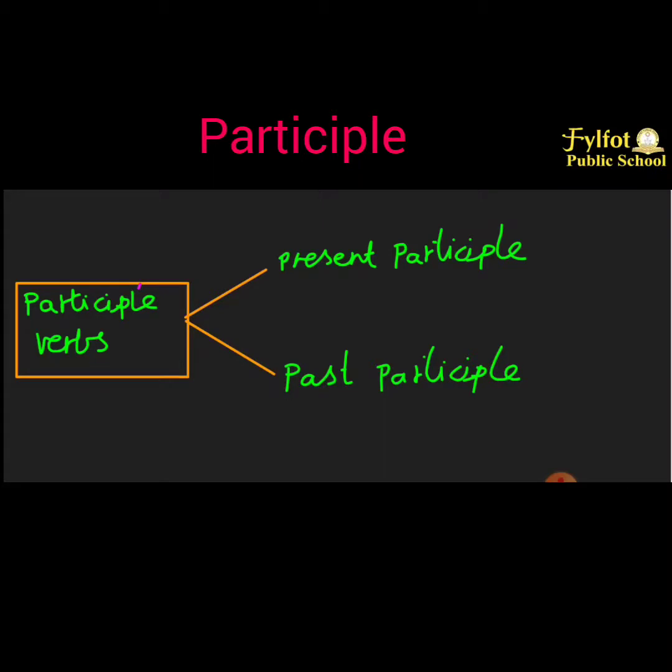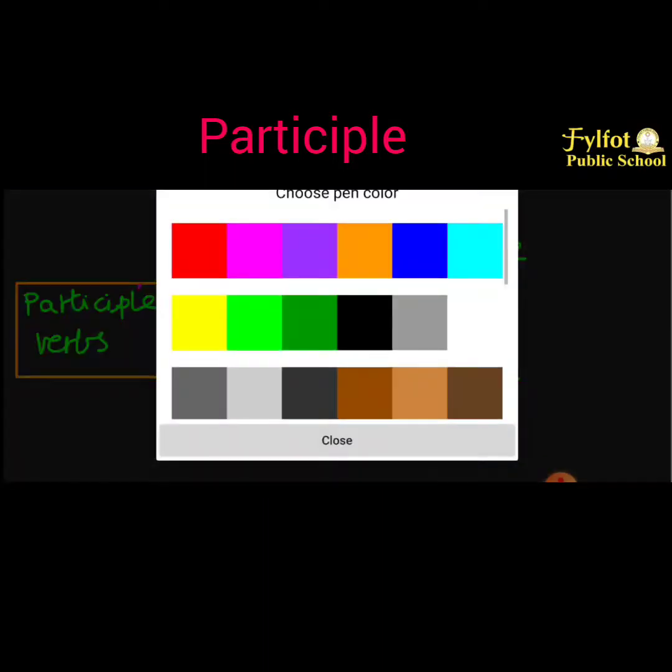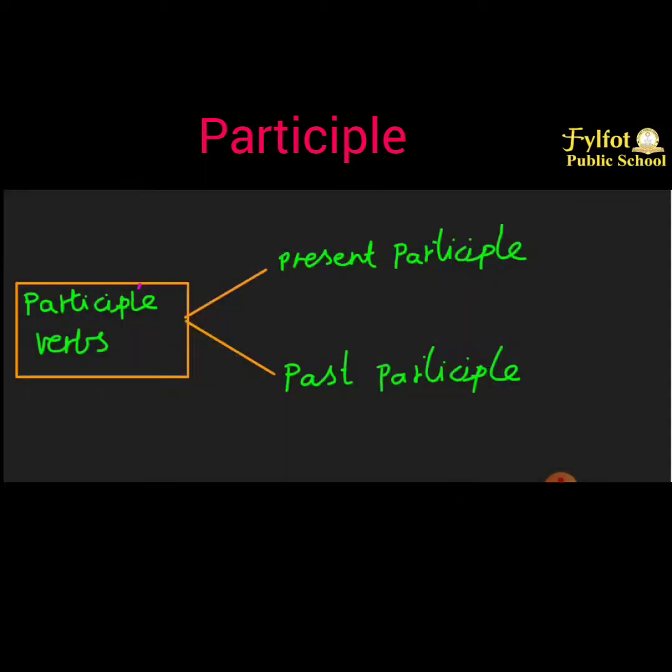So there are two types of participle: present participle and past participle. Verbs with present participle are formed with ing, whereas past participle are formed with ed or en.